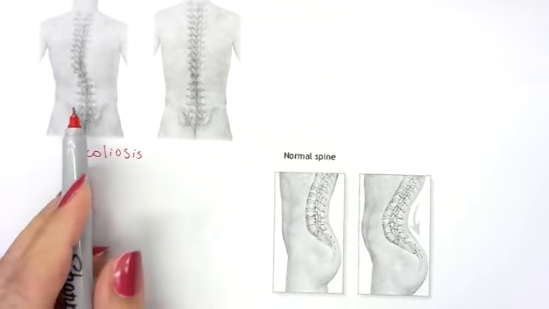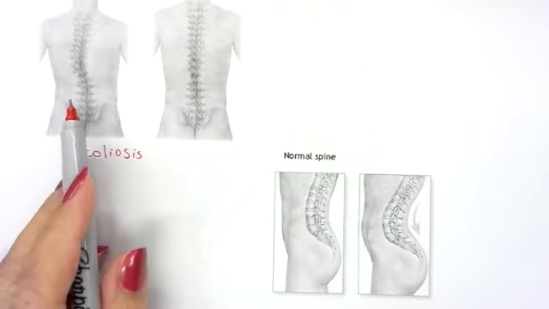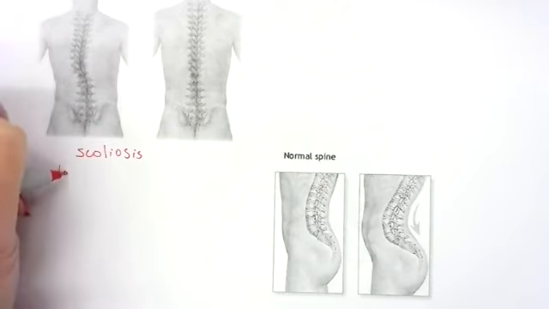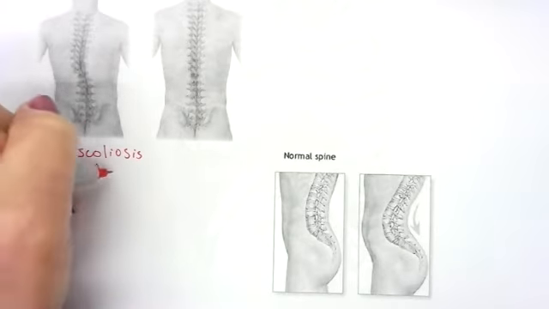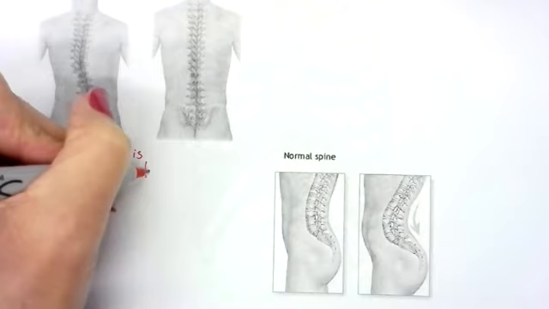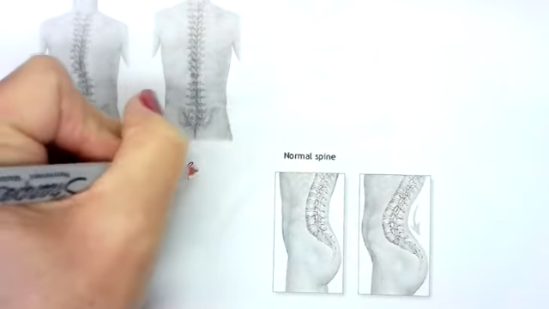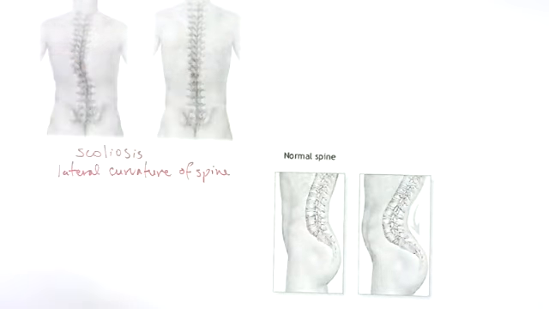And this is a lateral curvature, so it curves to the left or the right. They'll check for this in elementary school or elementary grades, because if you have scoliosis, the best time to treat it is when you're a child, and they can put you in a brace, and that can help alleviate some of the twisting.